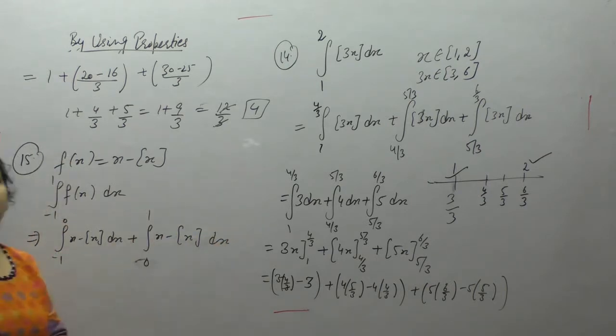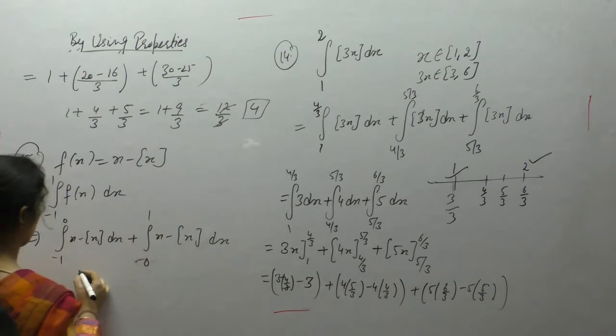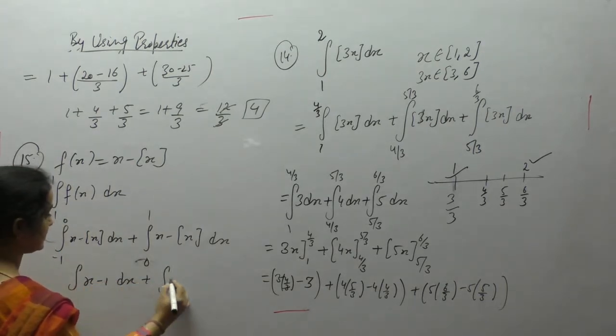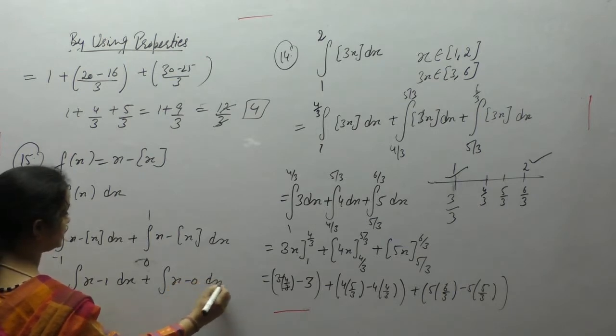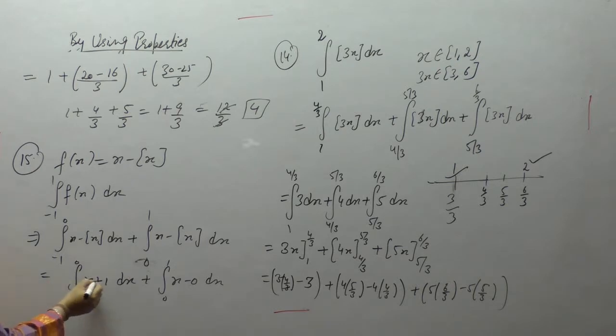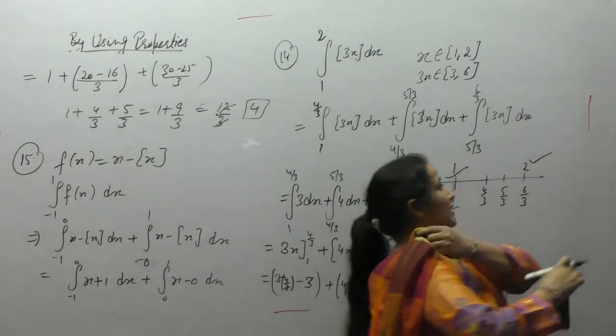Greatest integer of minus 1 is minus 1. So x minus 1 dx, x minus 0. X minus, plus 1, because we have minus 1 here. Now solve the integral.